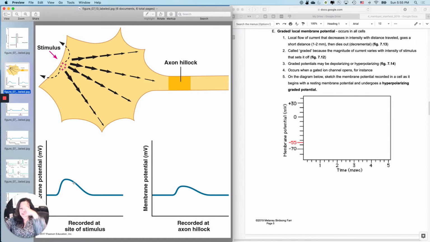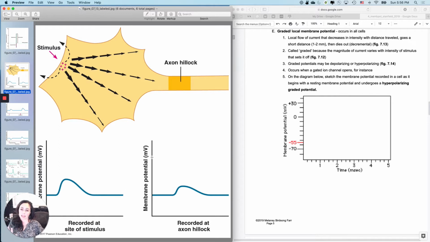Since I'm taking positives, sodiums, from the outside to the inside, that will be a depolarizing change, so it would look like this, okay? So if I measured the difference right here at the site where I opened the gated sodium channel, it might look like this, going from minus 70 to, let's say, minus 60.